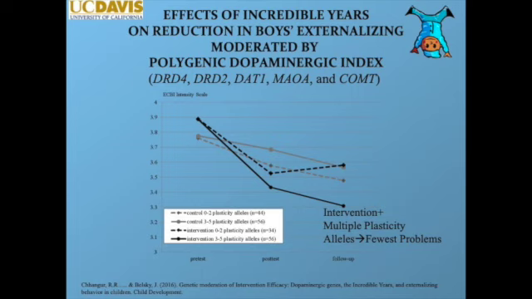And lo and behold, what do we find? On that solid black line, the kids who had the most alleles in the experimental group, the Incredible Years, benefited the most. The kids with the fewest plasticity alleles, the genetic variants thought to make you susceptible, didn't benefit.